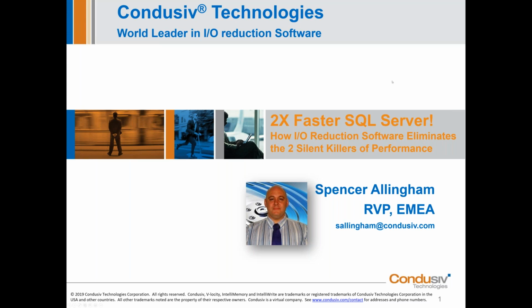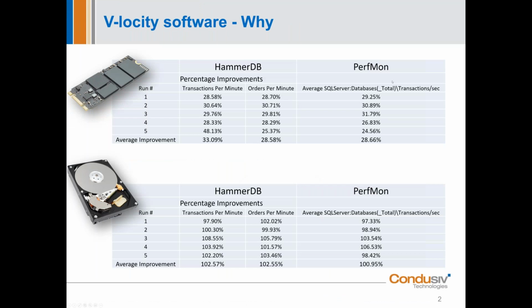Right. So, to illustrate why you might want to consider downloading and installing the Velocity software onto your SQL servers, I ran some lab tests using HammerDB to generate an online transaction processing type workload with and without Velocity installed. Firstly, using SSD storage, and then using older spinning disk storage.